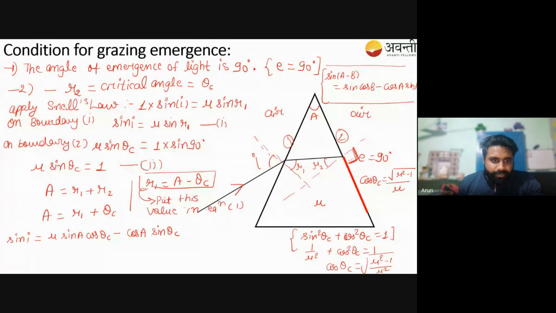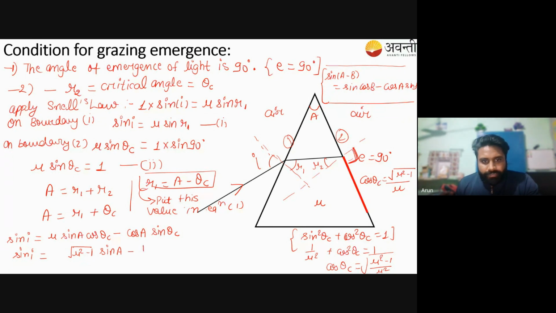So put this value here. You will have sin I is equals to mu cos theta c, which is square root of mu square minus 1 divided by mu, and mu gets cancelled out. So this and this will get cancelled out, so you can remove it from here, into sin A minus, what is sin theta c?